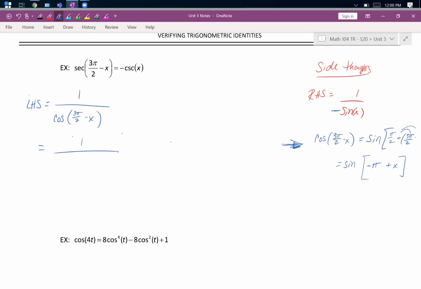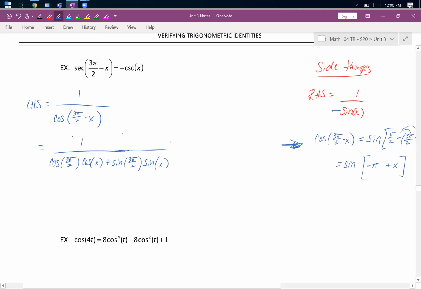All right, so our cosine difference formula says cosine of alpha minus beta is cosine alpha cosine beta plus sine alpha sine beta. So we get cosine of 3 pi over 2 times cosine of x plus sine of 3 pi over 2 times sine of x.